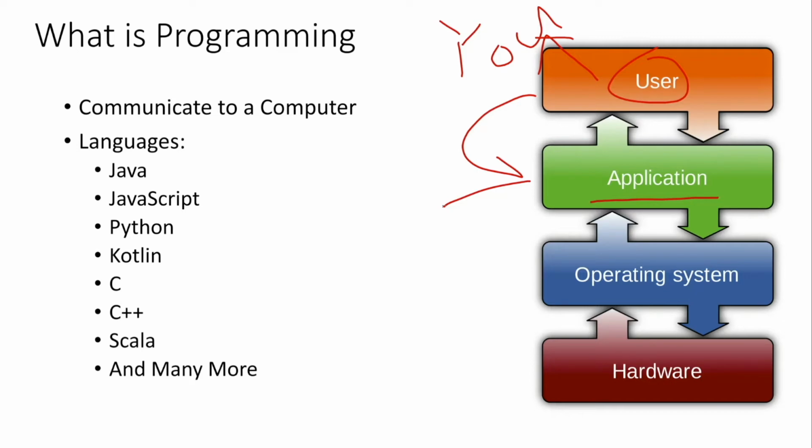So, the application says, okay, he needs to do that, so we'll send it to the operating system. The operating system's like, okay, we need to process and get pictures of ice cream from the web. So, the operating system communicates with the actual physical hardware.